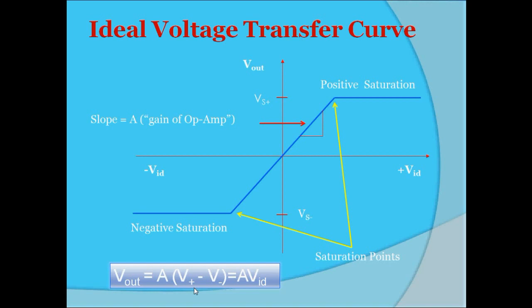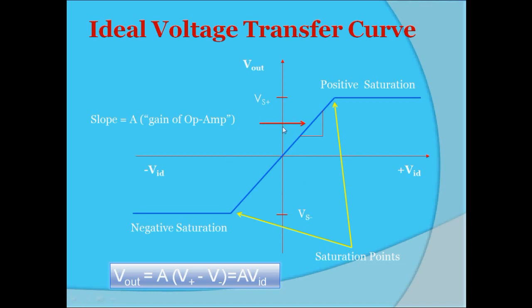From this basic op-amp equation, the output voltage is assumed to be 0 and the output offset voltage is assumed to be 0. This equation now we are going to plot here, where on the y-axis we have output voltage and on the x-axis the differential input voltage. We have plotted the output voltage with respect to the differential input voltage.